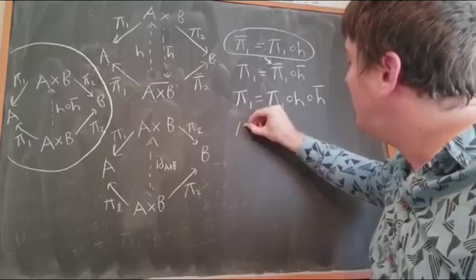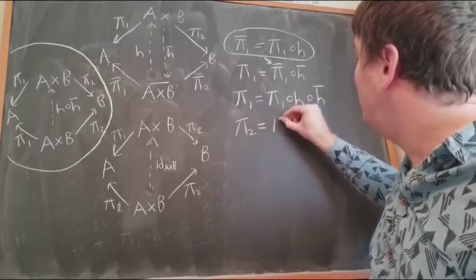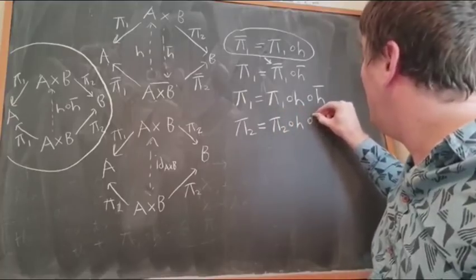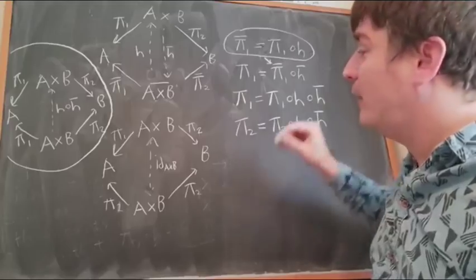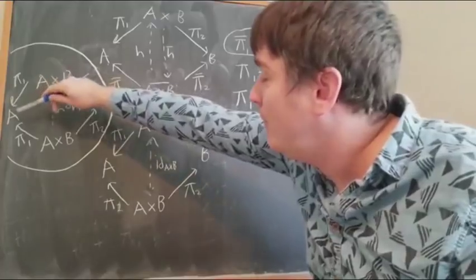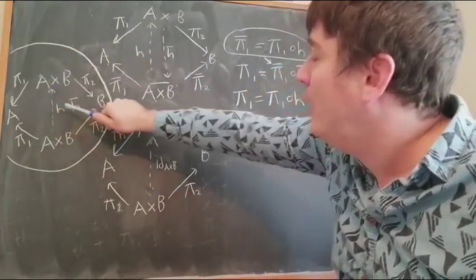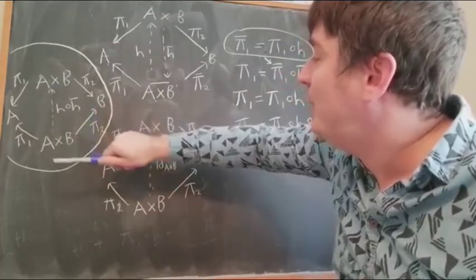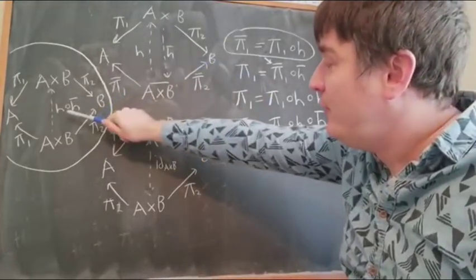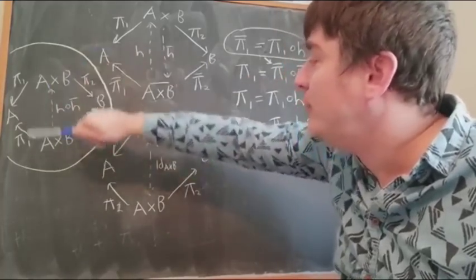And by similar logic, pi 2 is equal to pi 2 after H bar. And that's what we wanted. We wanted that pi 1 is equal to pi 1 after H bar, and similarly with pi 2. So that means that this is an intermediary arrow that makes this diagram commute.